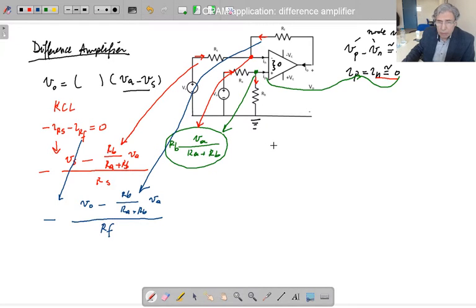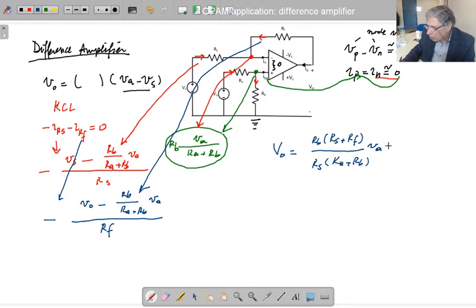V0 is equal to RB times RS plus RF over RS, RA, RB, VA, minus RF over RS, VS.